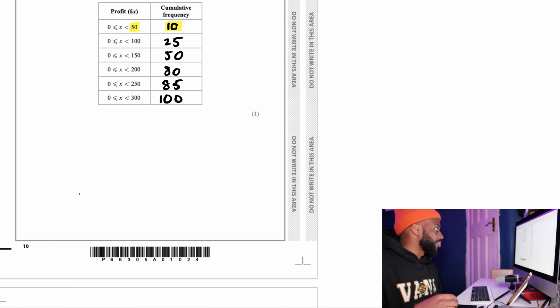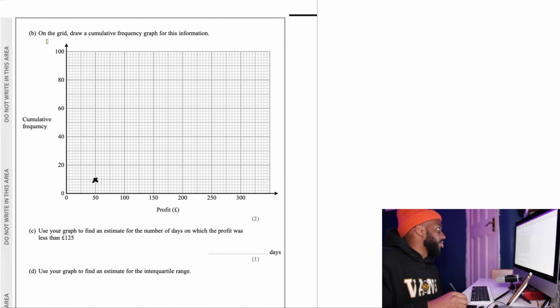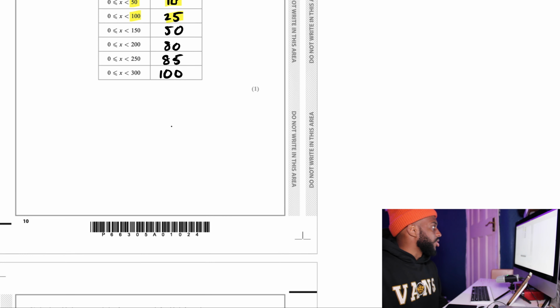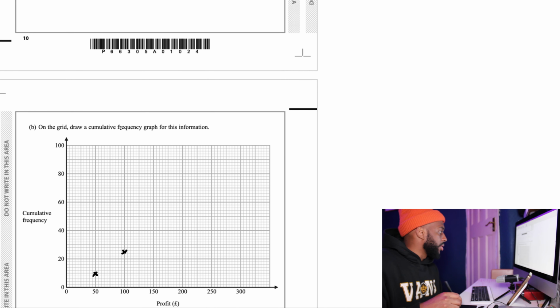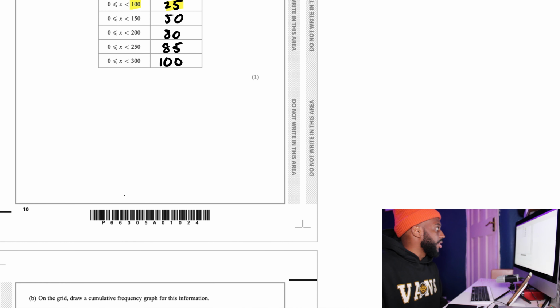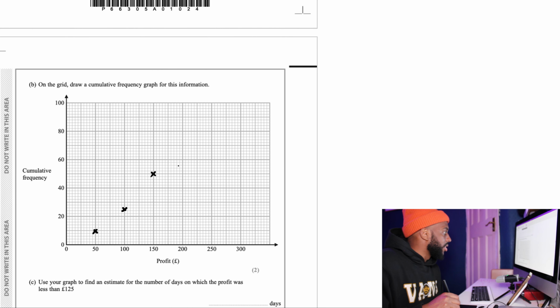Next one, at 100, we're going to plot 25. So let's go to 100, and 25 is going to be here. So just be careful when reading the y-axis. At 150, we're going to get 50. At 200, we get 80.